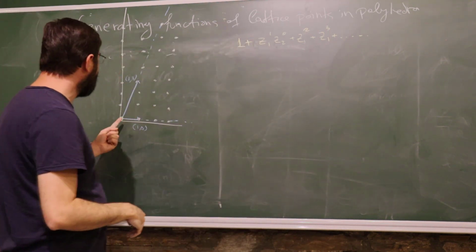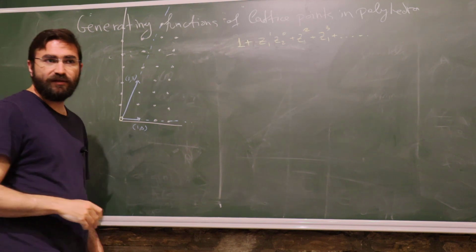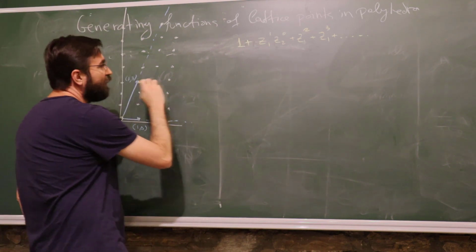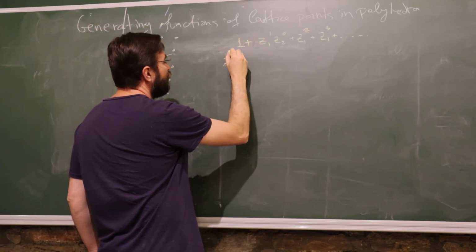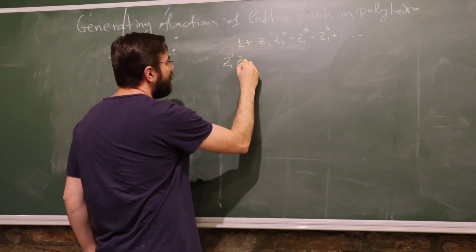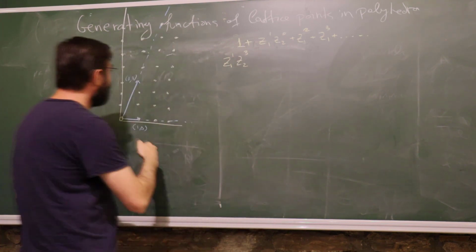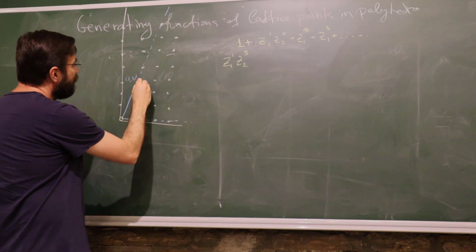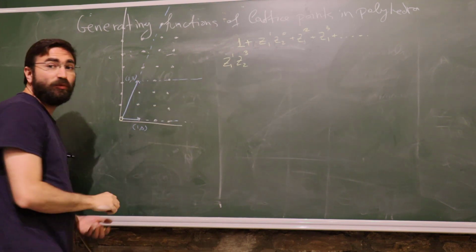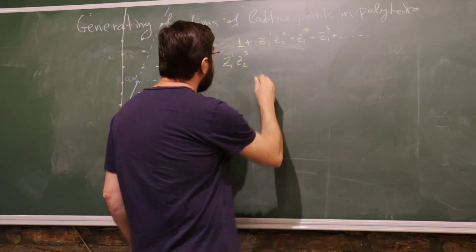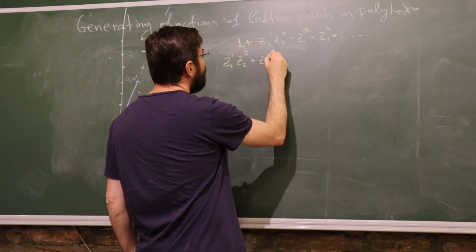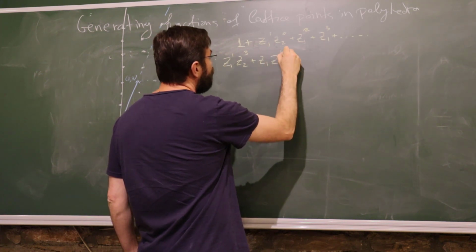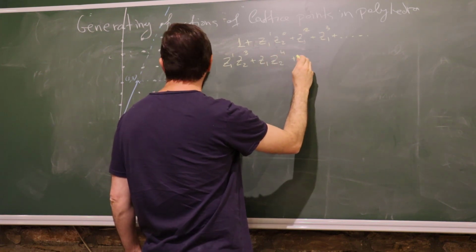Now let me take the second generator once, and I will move to (1,3), which is z1 times z2 cubed. And with the first generator I will move again, and this means I will have z1 squared, z2 cubed.